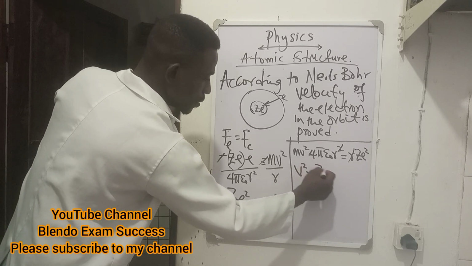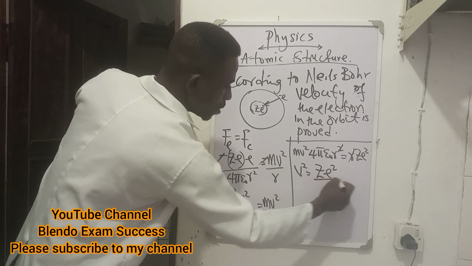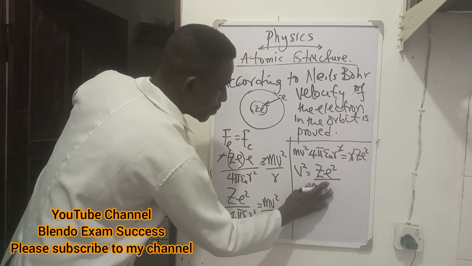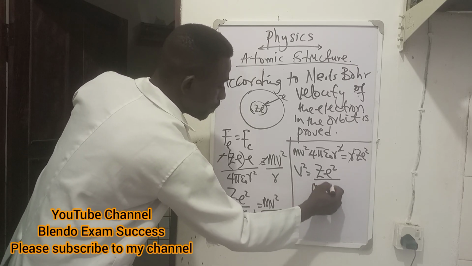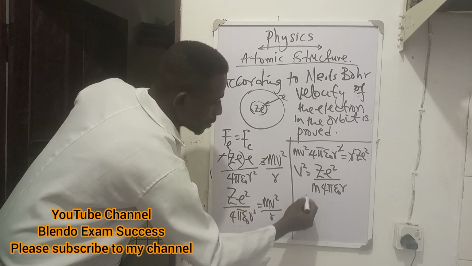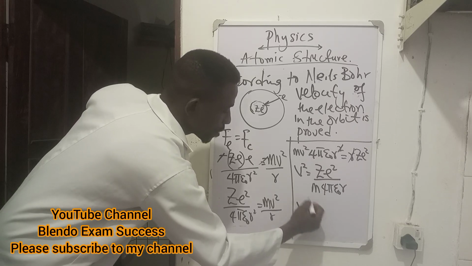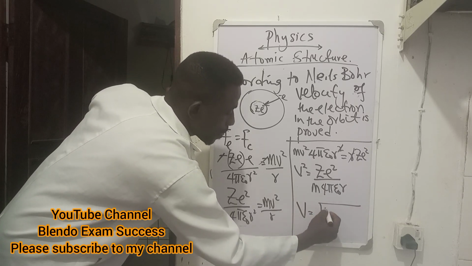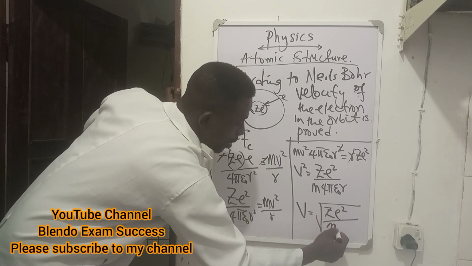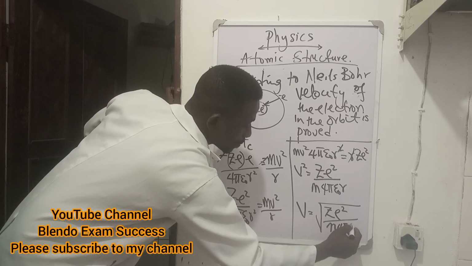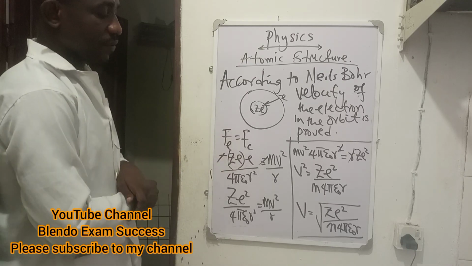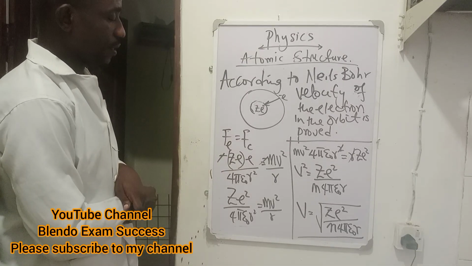We have v squared equal to Ze squared over m 4 pi epsilon naught r, so that the velocity of the electron in the orbit becomes the square root of Ze squared over m 4 pi epsilon naught r. This is the velocity of the electron in the orbit.